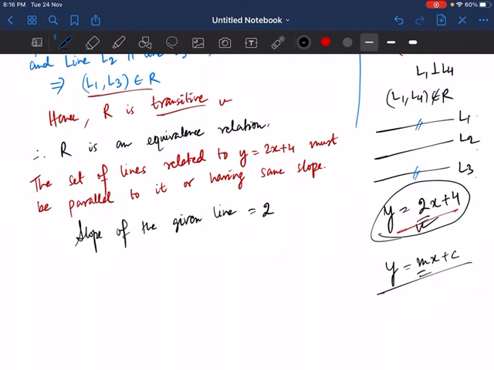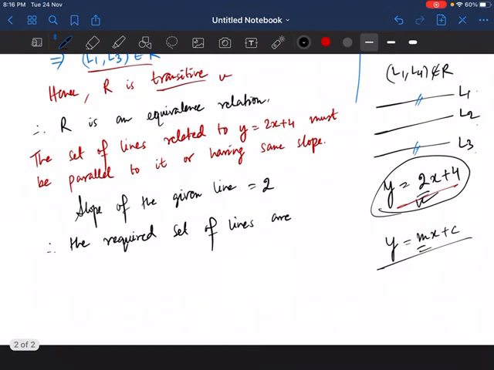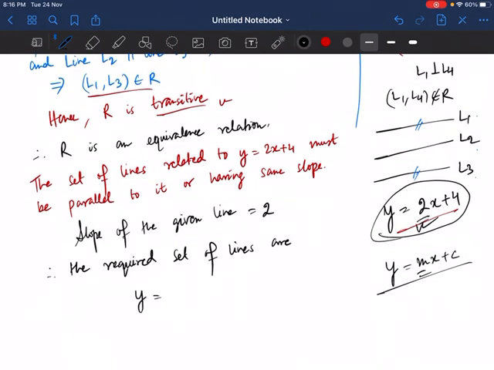So we will write here, therefore the required set of lines is y is equal to 2x plus c. They have the same slope, but what is different? This c is the y-intercept, but this c can be anything.